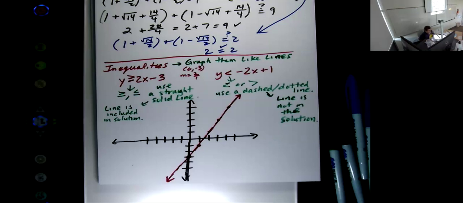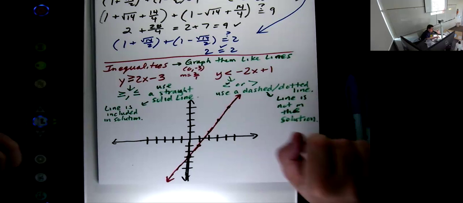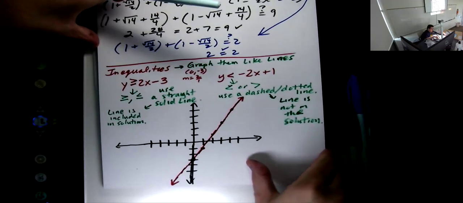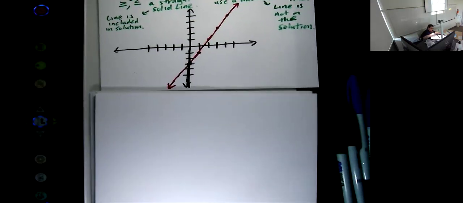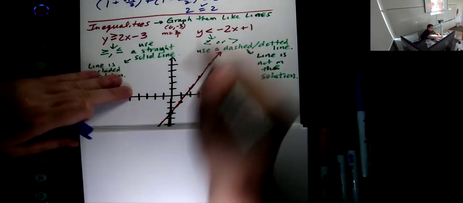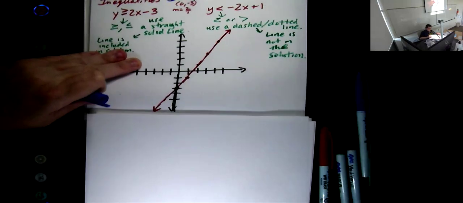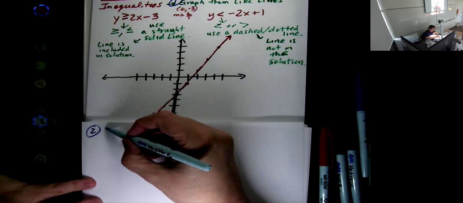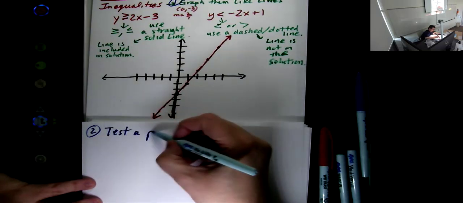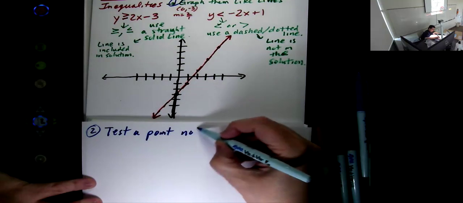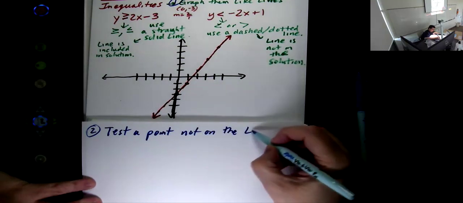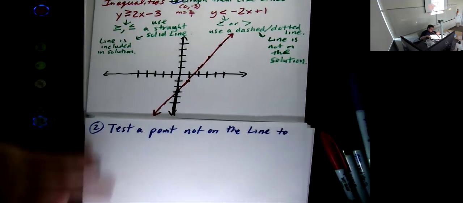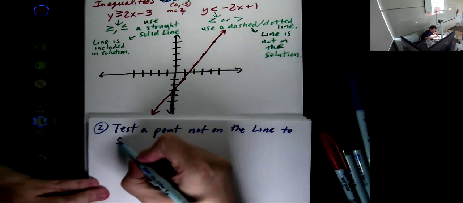Okay, so after that, I'm going to write the rules on the next page, but I'm going to do it on the graph on this page. So that was step one. Step one is graph the line. Step two. Test a point not on the line to see if it makes a true statement.